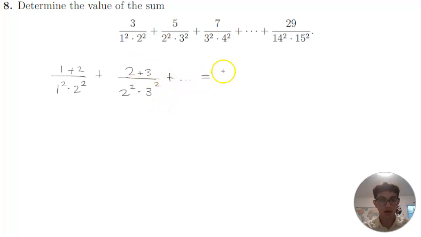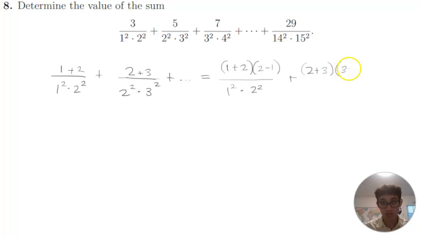I'm going to write this as (1 plus 2) times (2 minus 1), which is not changing anything, because 2 minus 1 is just 1. So all I'm doing is multiplying it by 1, which is completely fine, plus (2 plus 3) times (3 minus 2), right? And maybe you can see the reason that I'm doing this. Maybe you can't, but that's fine because you'll see it soon enough.